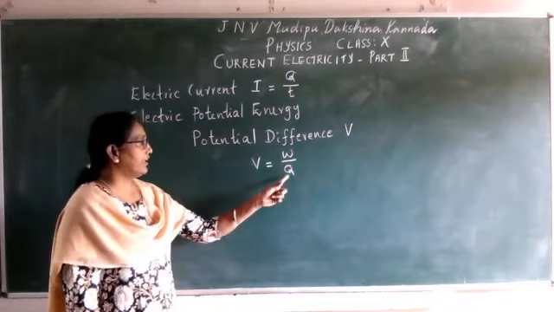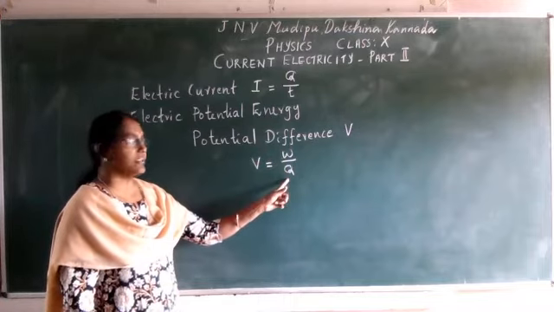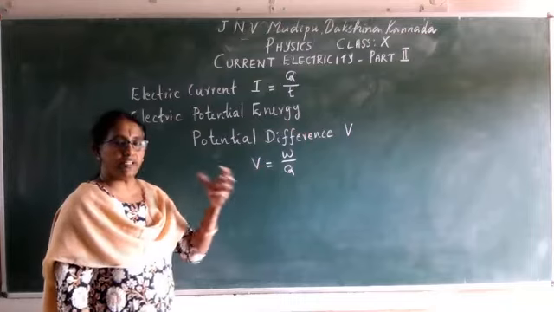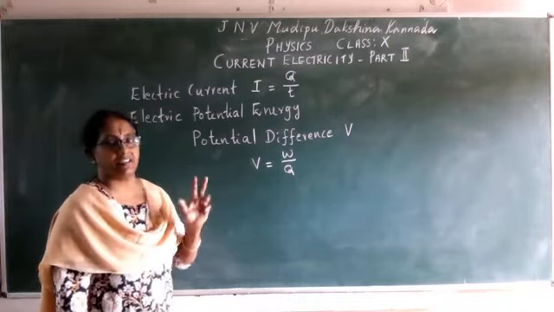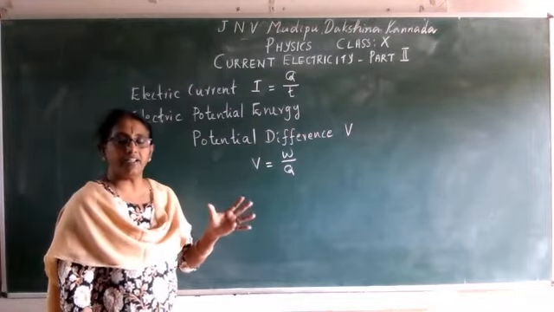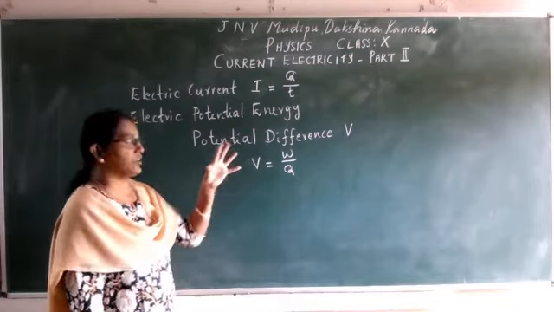Yes, work done. What is Q here? Charge. So work done per charge. That is called potential, or if the 2 points are fixed, we call it potential difference.